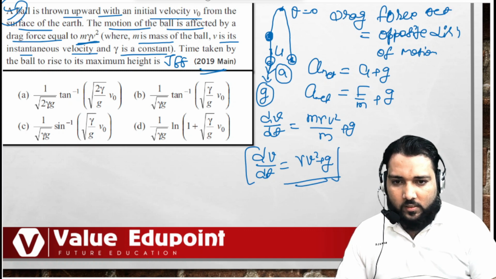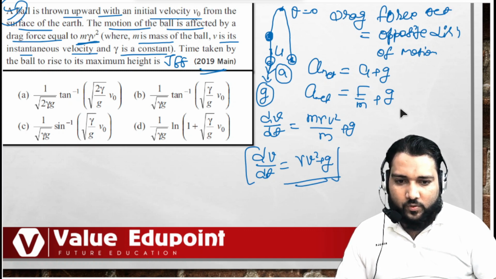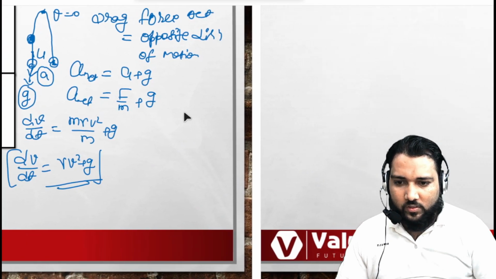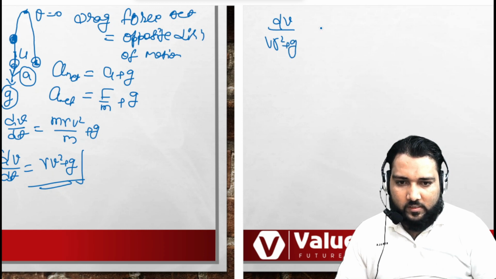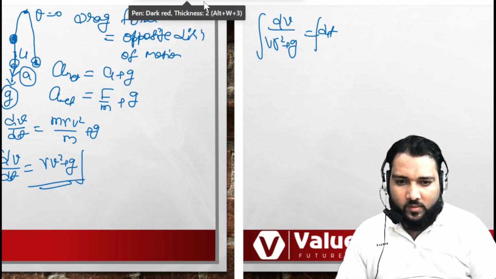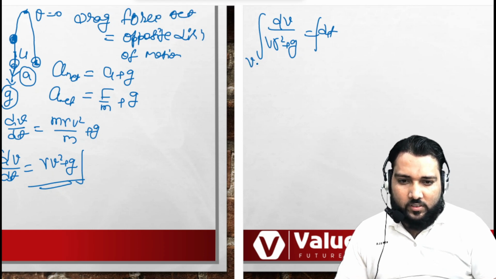Now again the integration will start, because here the velocity is variable. So now we will integrate. We separate these terms: dv upon gamma v square plus g equals dt. So we integrate these terms. Okay, guys, the initial velocity will be v naught and that will go to 0, and the time will be 0 to t.